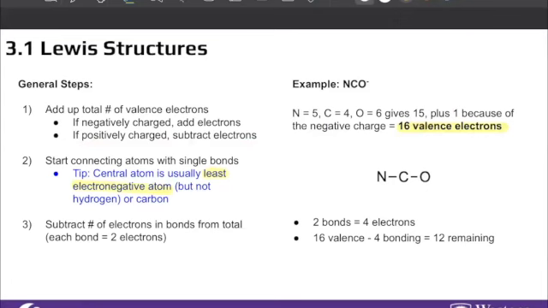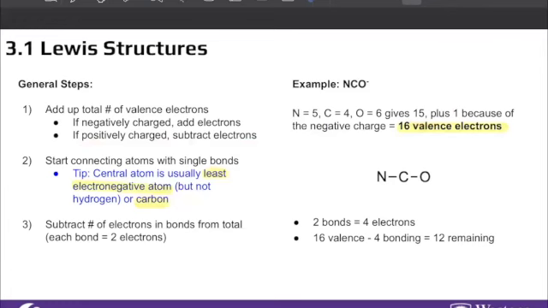Or it's often carbon. So, for example, that's the case for this compound. So one hint is that carbon's usually in the middle, so you could use that. Also, oxygen and nitrogen are more electronegative than carbon, so you know that those would probably not go in the middle and would probably be more towards the outside.